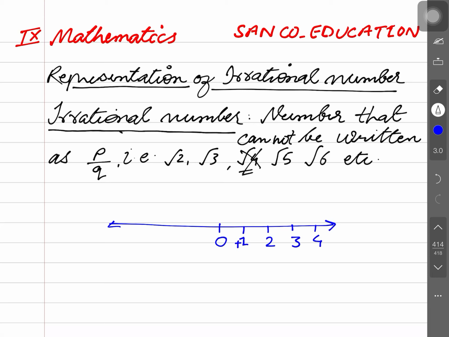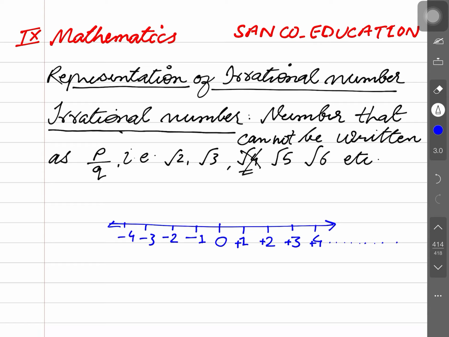These are the positive numbers; mathematically we call them integers, and further integers can be written to the right. Similarly, equal spaces are made along the left side as -1, -2, -3 and further -4, and so on.